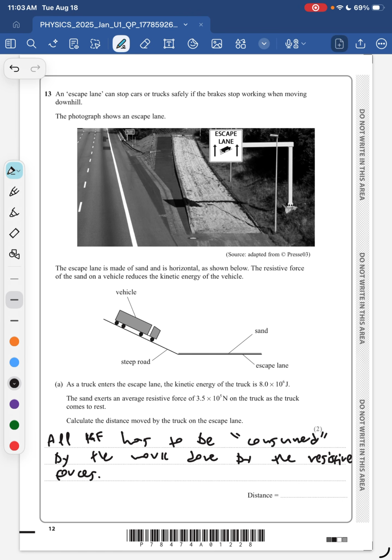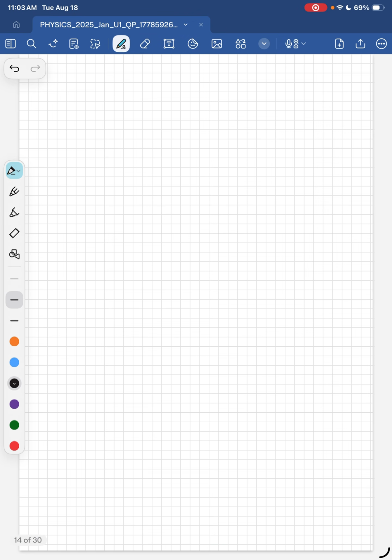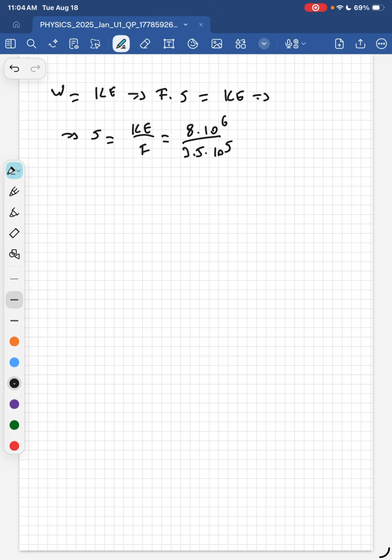So let's create a clean page and write that the work done by the resistive forces should be equal to the kinetic energy, right? But the work done is equal to the force times the distance, and this should be equal to the kinetic energy. So the distance covered is equal to the kinetic energy over the force. So that's 8 times 10 to the 6 over 3.5 times 10 to the 5.